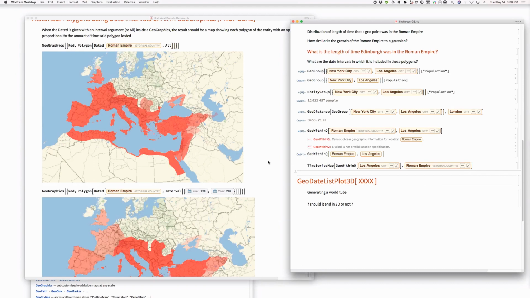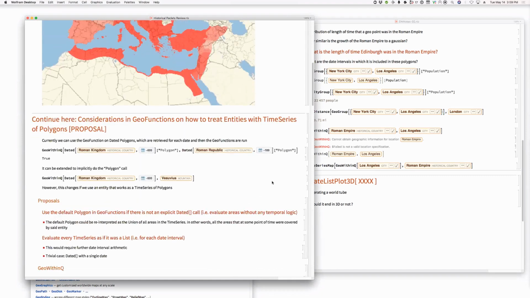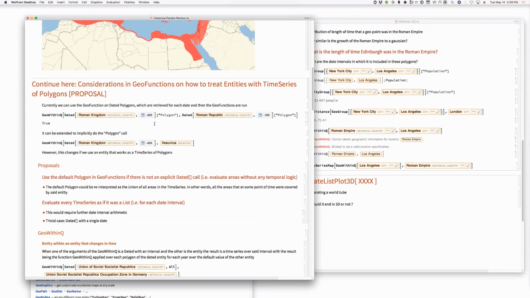So the idea is that if you input a time series or a dated all or a dated and a date interval, that will be converted into the time series, and then we will output a time series. In that case, that's a proposal. Okay, so hold on. Let's look at that. Oh, wow. Good for you. Okay.